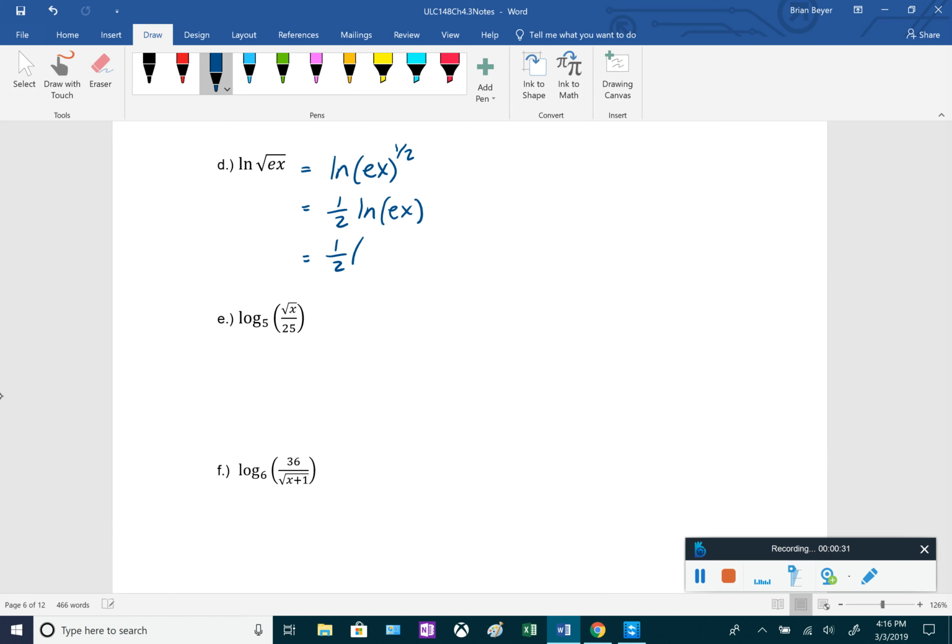So it's going to be 1/2, and then in parentheses, ln of e plus the ln of x. So that's the product rule. And then next, we have to recognize ln of e is equal to 1. So it's 1 plus the ln of x. So it's 1/2 times 1 plus the ln of x. I'm just going to distribute the 1/2 and get 1/2 plus 1/2 ln x.